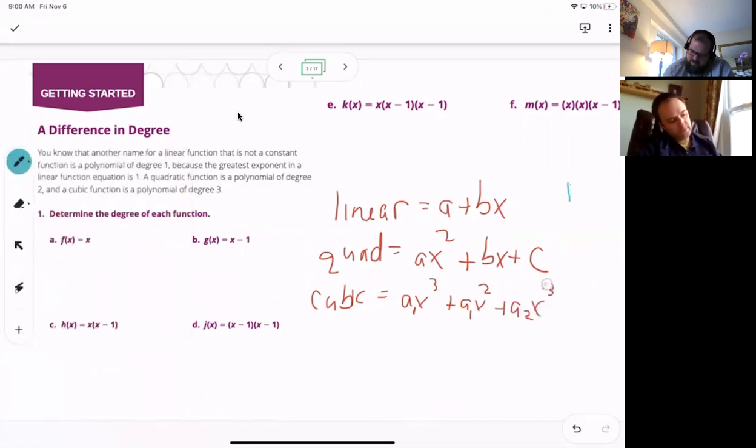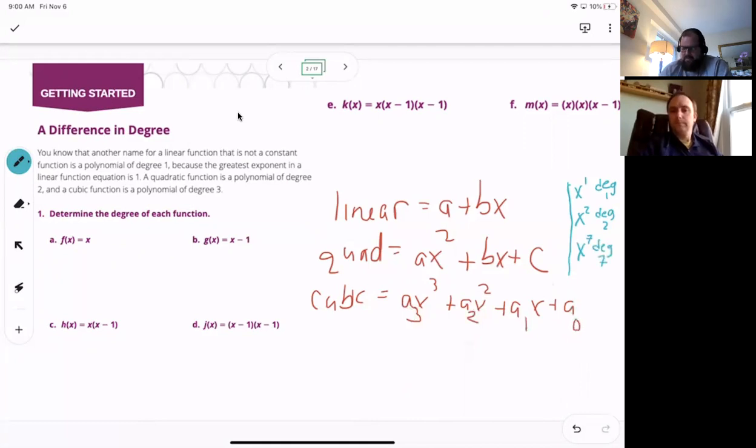You distracted me with what I was doing. I know. So if x to the first would be the highest power, that degree would be 1. If x squared is the highest power, that degree would be 2. And if, I don't know, x to the 7th is the highest power, that would be degree 7.